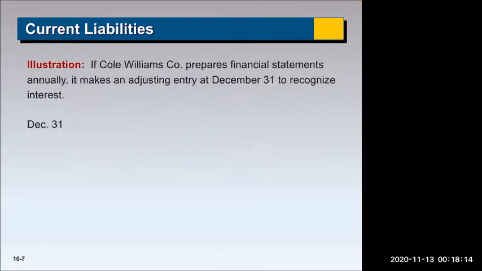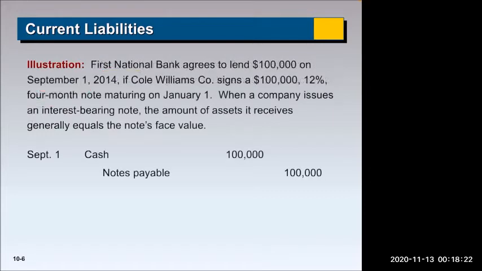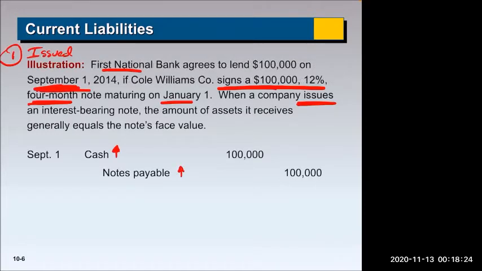Next, I'm going to make a journal entry to record interest. Now let's look back at this. Remember, September 1st, I'm borrowing the money, and it's September, October, November, December, but I'm not paying it back until January 1st. So on December 31st, what do I have to do?